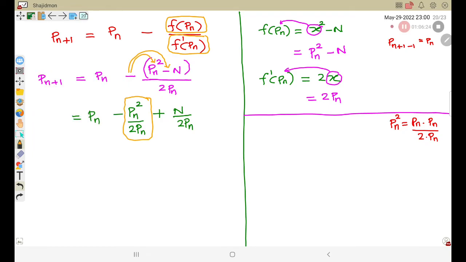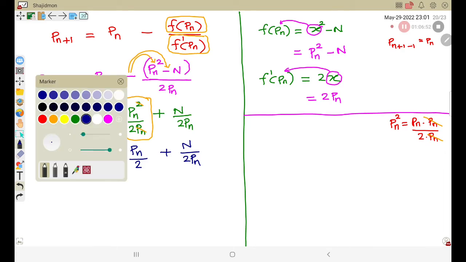So what term can we cancel there? 1 Pn, both the terms we can cancel up and down. You can see on this side the simplification. So we will get Pn minus one more Pn on the top side divided by 2, plus capital N divided by 2 times Pn. Hope you understood that step.